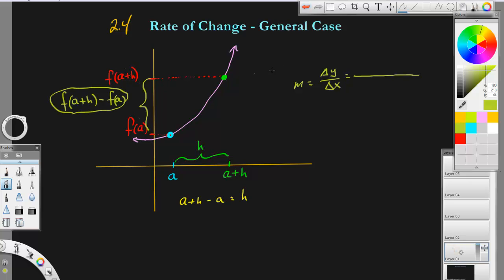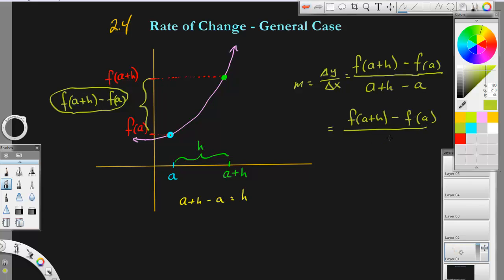So that's going to be on the top, f of a plus h minus f of a, one thing minus the other. And on the bottom, it's going to be this x2 minus x1, so a plus h minus a. If we simplify, we get on the top f of a plus h minus f of a, over, and the bottom of course simplifies to just h.